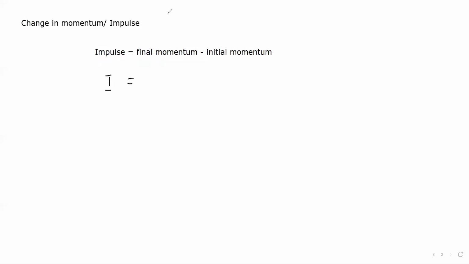For the final momentum, if there's an object of mass m, it might change direction. If it does not change direction, and the initial velocity is u, the final velocity will be v. This is one possibility. But there's also another possibility, that the direction of the motion might change.